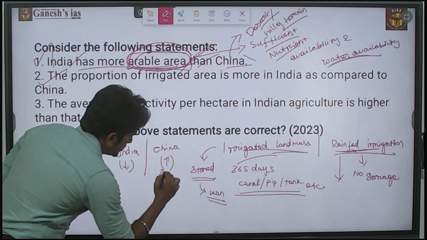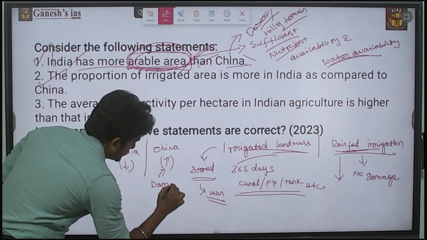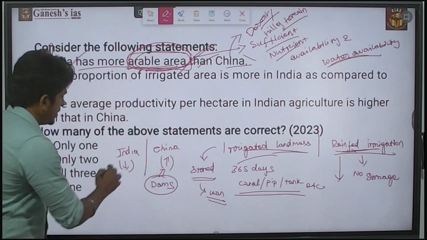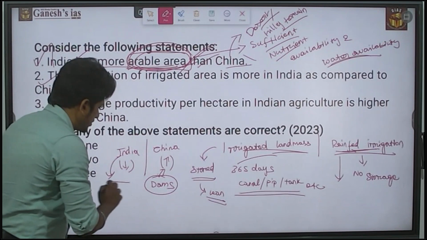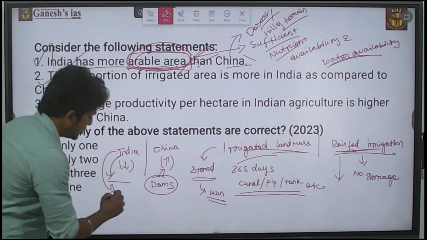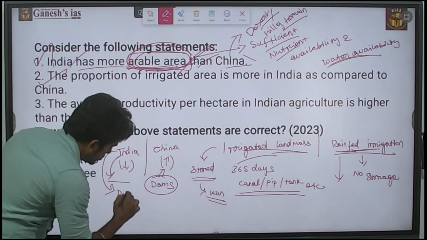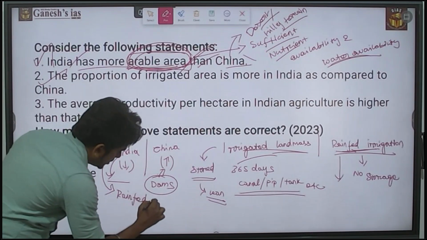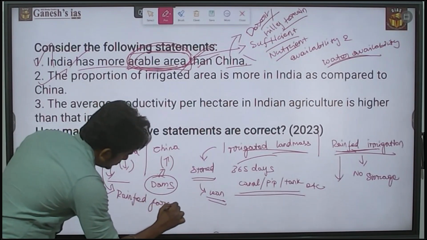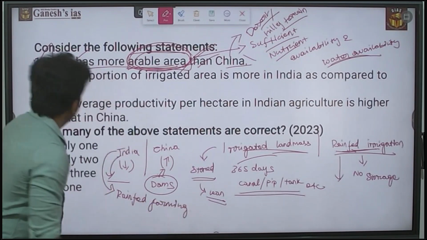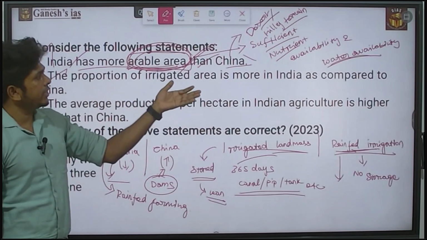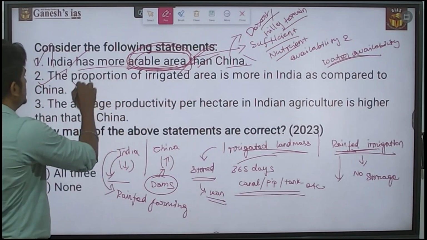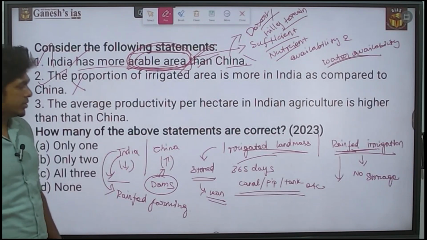The reason is it contains more dams. In India, more regions are covered only by rain-fed farming. But this statement says that the proportion of the irrigated area is more in India compared to China. This statement is wrong. Okay.